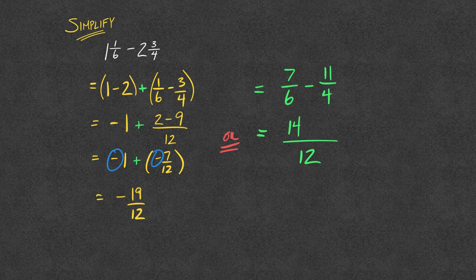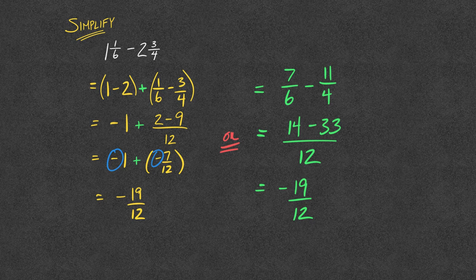I am tripling 4, so I need to triple 11. And now when I simplify my 14 minus 33, there is my -19/12. And there we go.